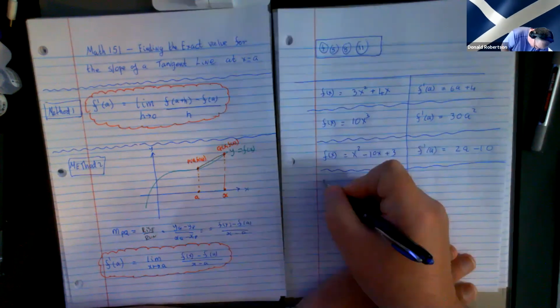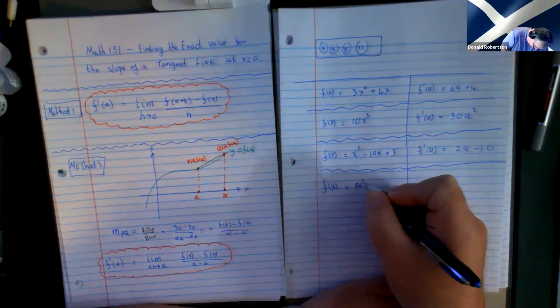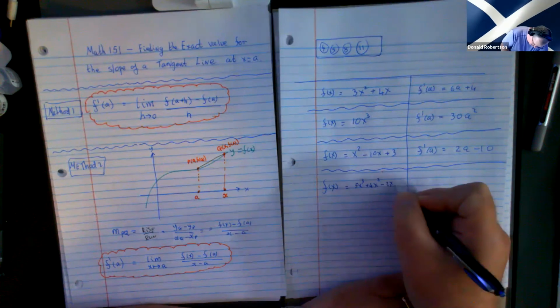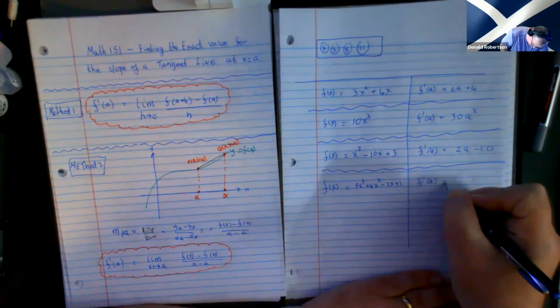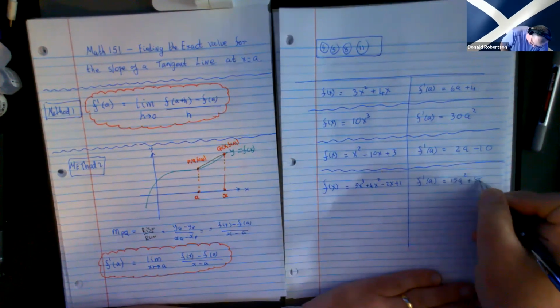And when the function was 5x cubed plus 4x squared minus 2x plus 1, the slope of the tangent line was 15a squared plus 8a take away 2.